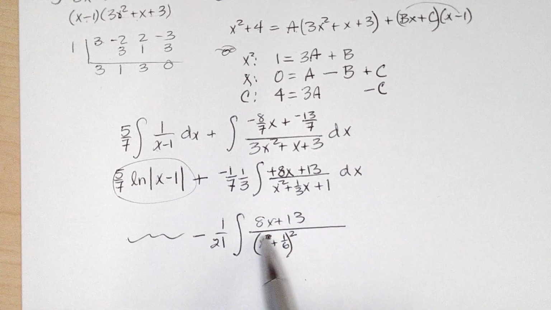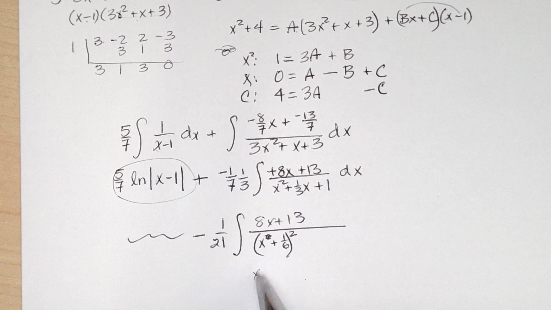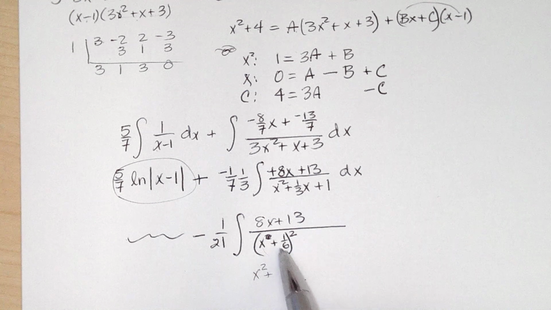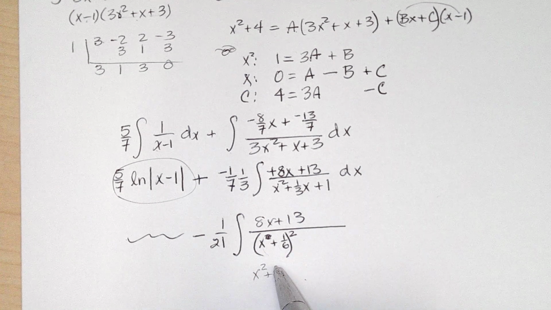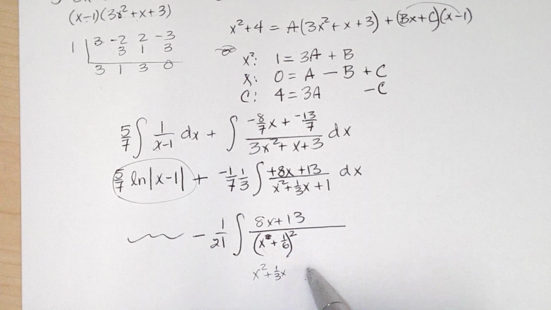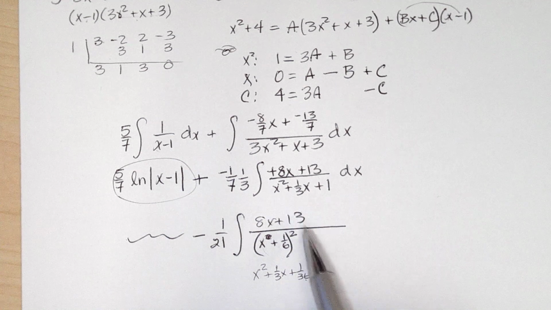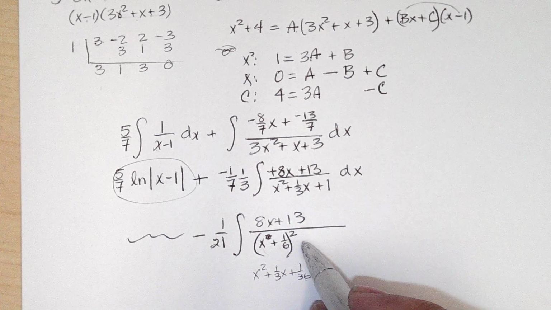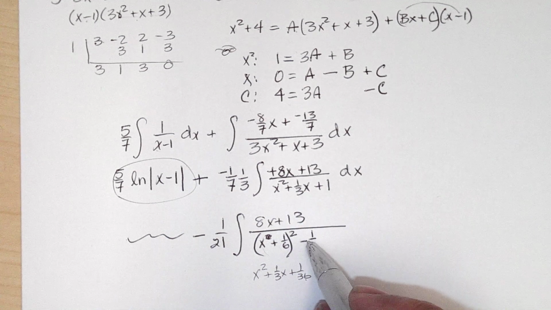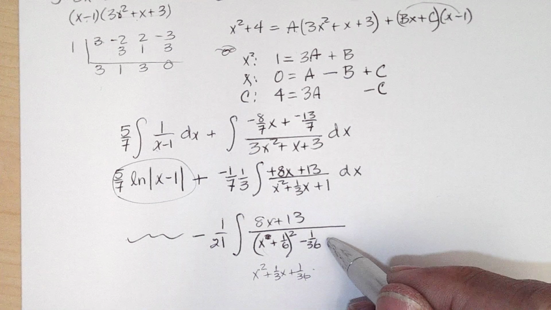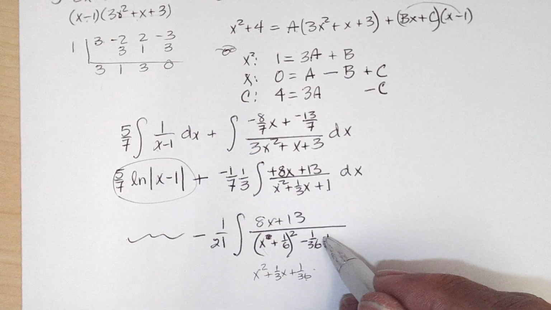Now if I were to multiply this out, I would get x squared plus 1/6x plus 1/6x plus 2/6x, which is 1/3 x, but I'd also get plus 1/36, and I don't have that here, so I need to take away 1/36, and I have a plus 1.